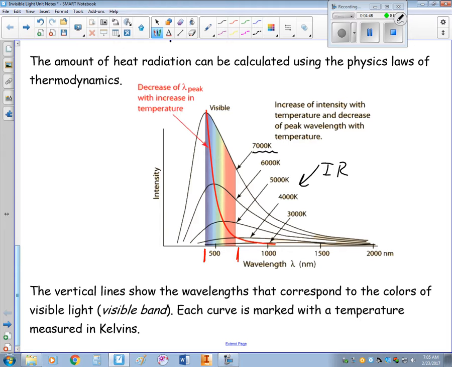Once it reaches a certain temperature, though, it begins to glow red, then orange, and then white. So by heating up something, we can start to see visible light. And if the material can withstand the heat, it can get very hot, and potentially it can begin to emit in the ultraviolet spectrum.